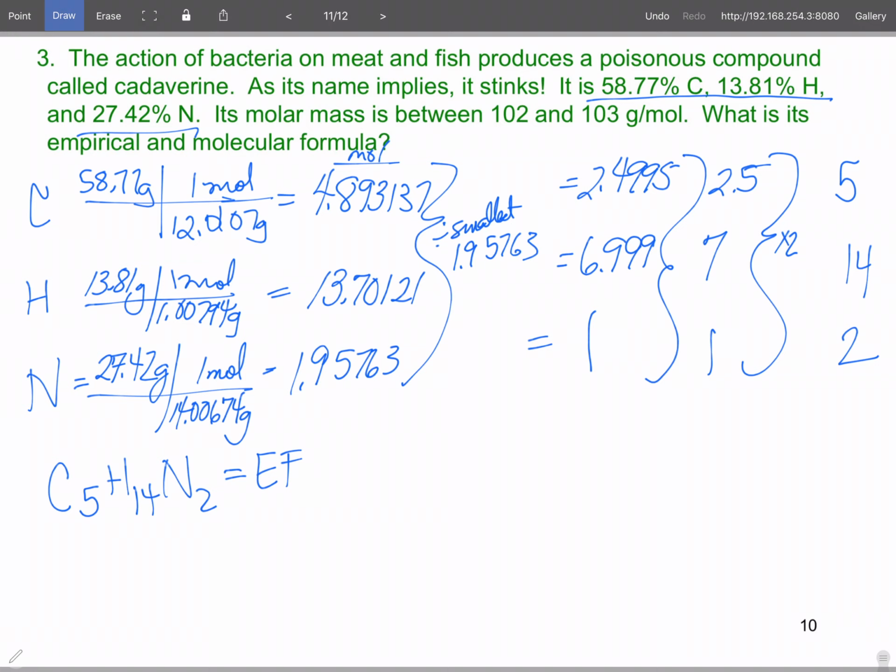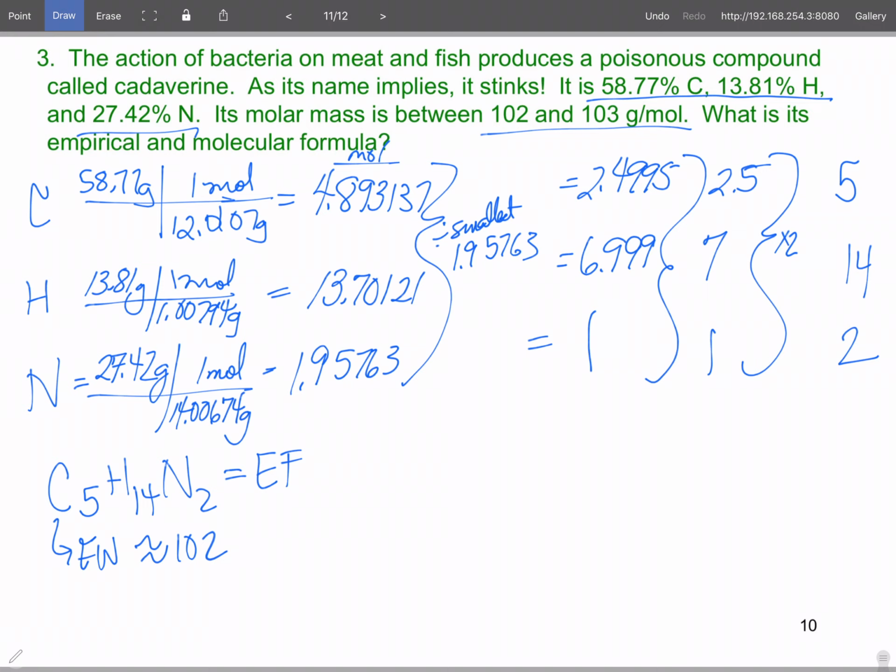Now, it's told that our molecular weight is between 102 and 103. So if we approximate this as our empirical weight, 5 times 12 is 60, plus 14 is 74, plus another 28, that's approximately 102. Again, I don't have to have exact values here.